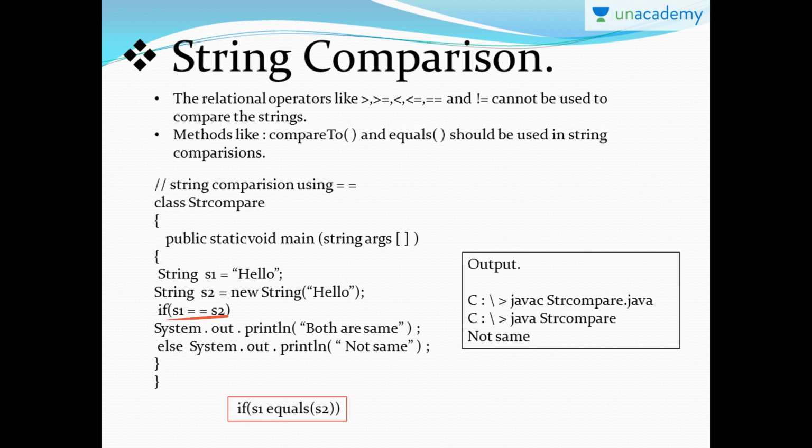But when you look at the output, it is printing not same, because when you compare the strings, this double equals will not apply. In that place, you replace this if else statement by writing s1 equals s2, and check for yourself, the output will be both are same. This program clearly makes us understand that these operators are not applicable on strings.